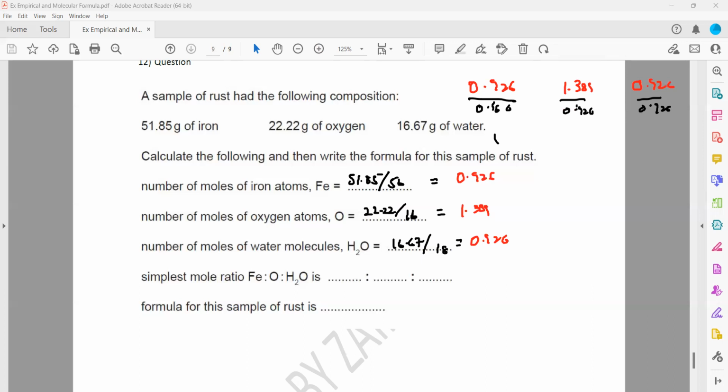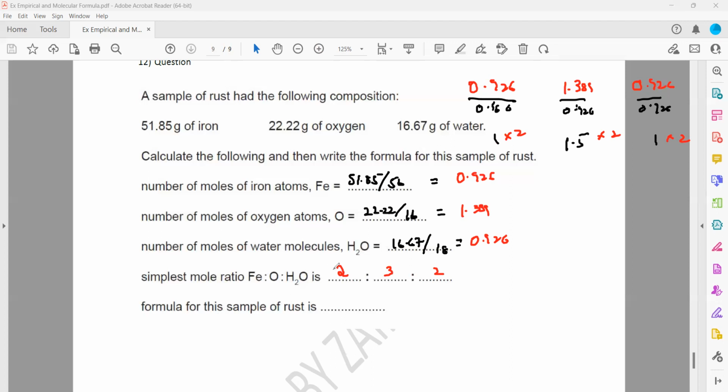This one is 1.389 divided by 0.926. What's the answer? It will be about 1.5 and this one is 1. But the simplest ratio should be in whole numbers, so we multiply all of them by 2. So this will become iron 2, this will be 3 and this will be 2.